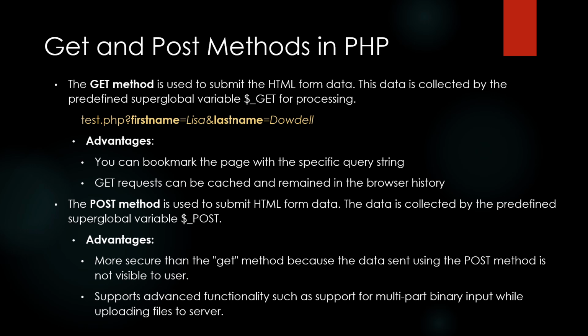Therefore, the GET method is not secure for sending sensitive information. The bold part here, first name and last name in this sample URL, are the variable names, and the italicized part is the value for the corresponding variable.